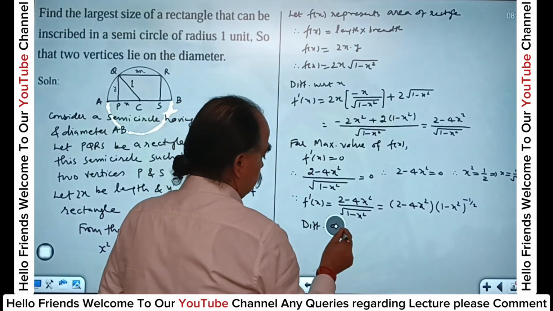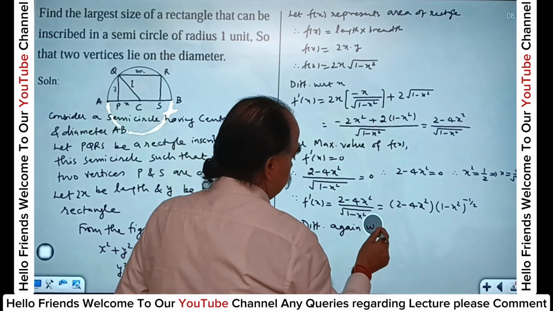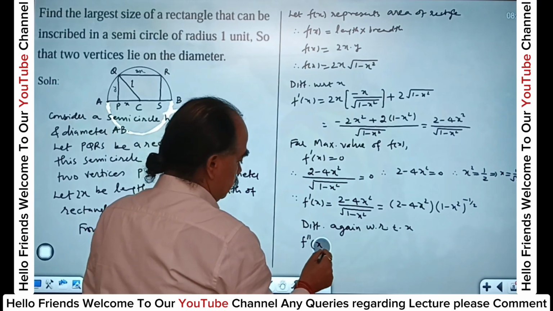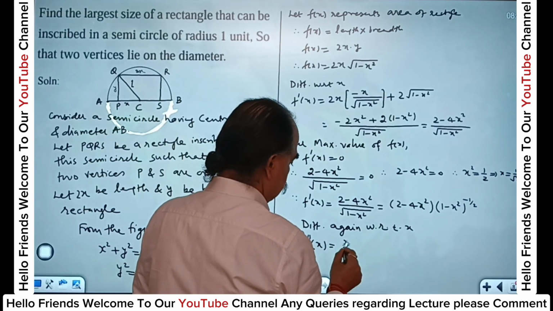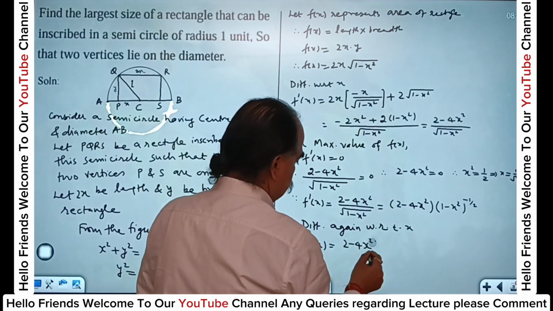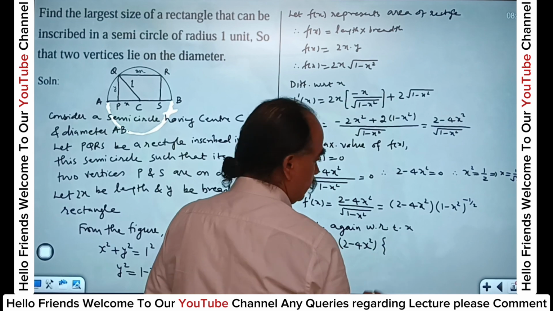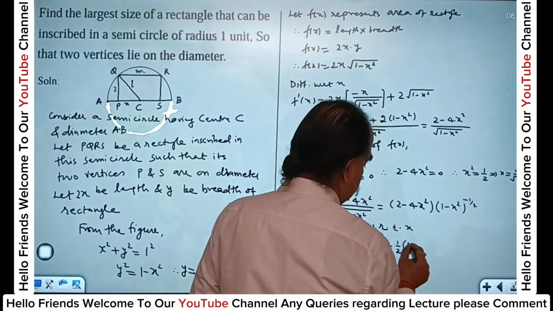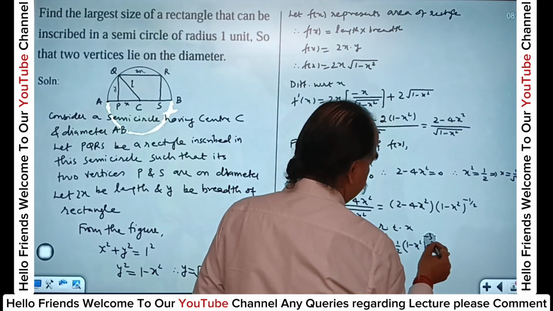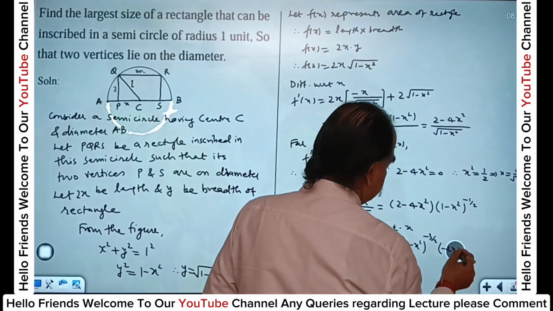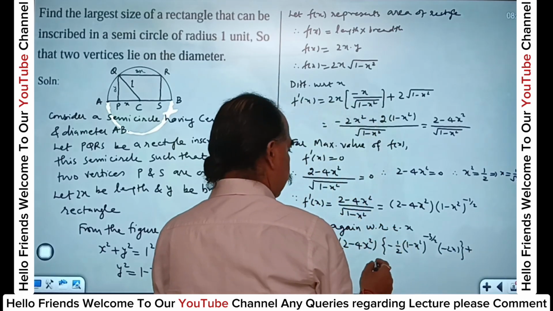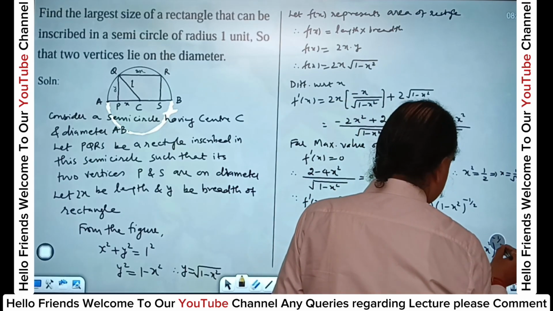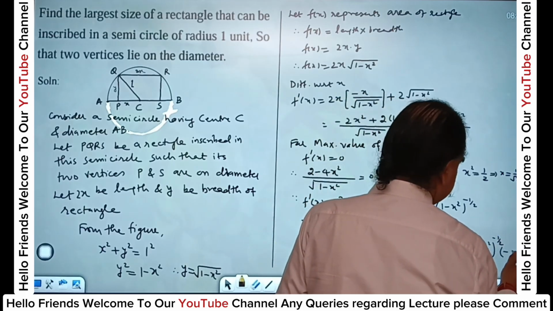Differentiating again with respect to x, f double dash x is 2 minus 4x square into derivative of this, which is minus 1 minus x square raised to minus 3 by 2 into minus 2x, plus root 1 minus x square raised to... into derivative of this, minus 8x.